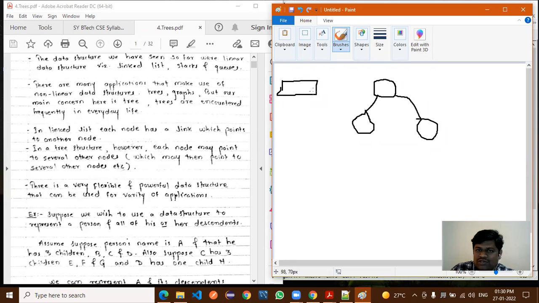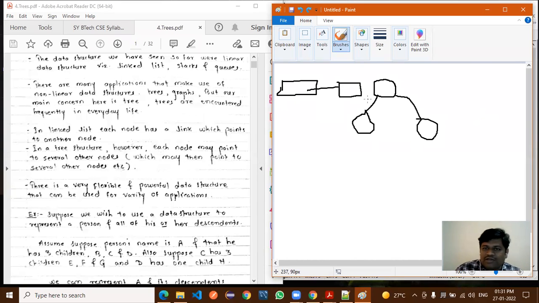The first node is always connected with the second node, right? Or is there any situation where one node is connected with two nodes in a linear linked list? Always in a linear linked list, one node is connected with the next node only, right?